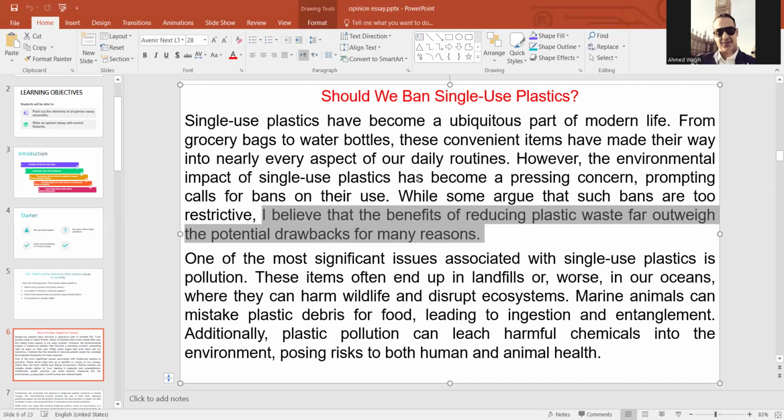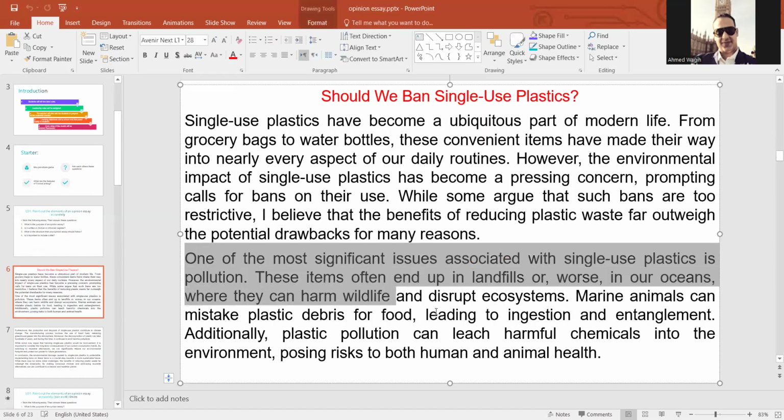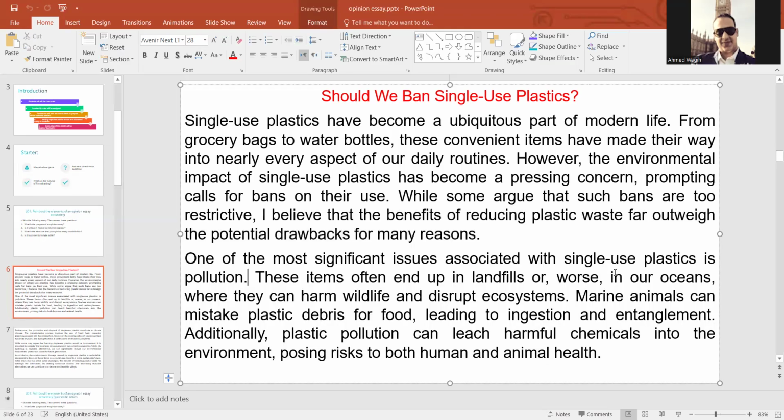So this is the introduction: background information introducing the topic, then the thesis statement with your opinion clearly mentioned. Now, the second paragraph, the first main body paragraph. One of the most significant issues associated with single-use plastics. You need to remember again what his opinion is: I believe that the benefits of reducing plastic outweigh. So he is for reducing plastics, and it has more benefits.